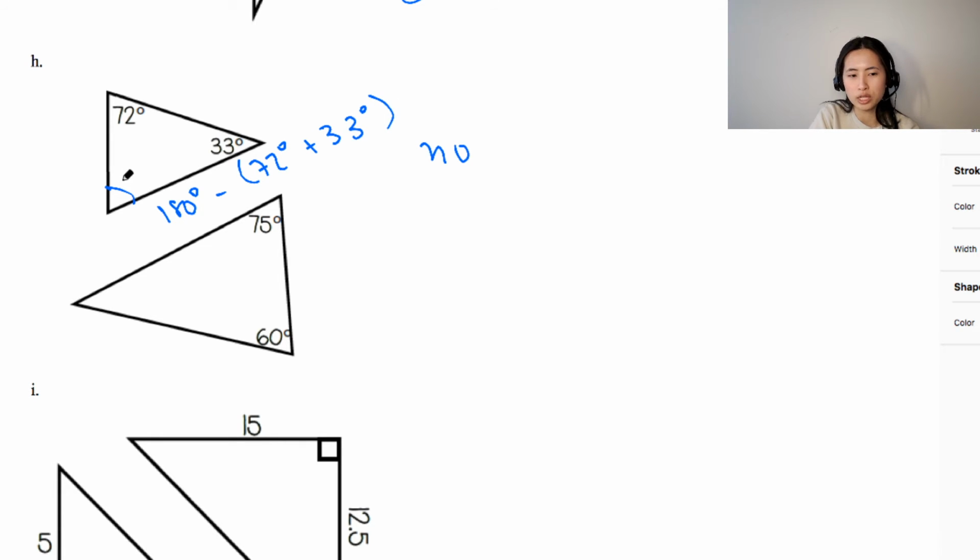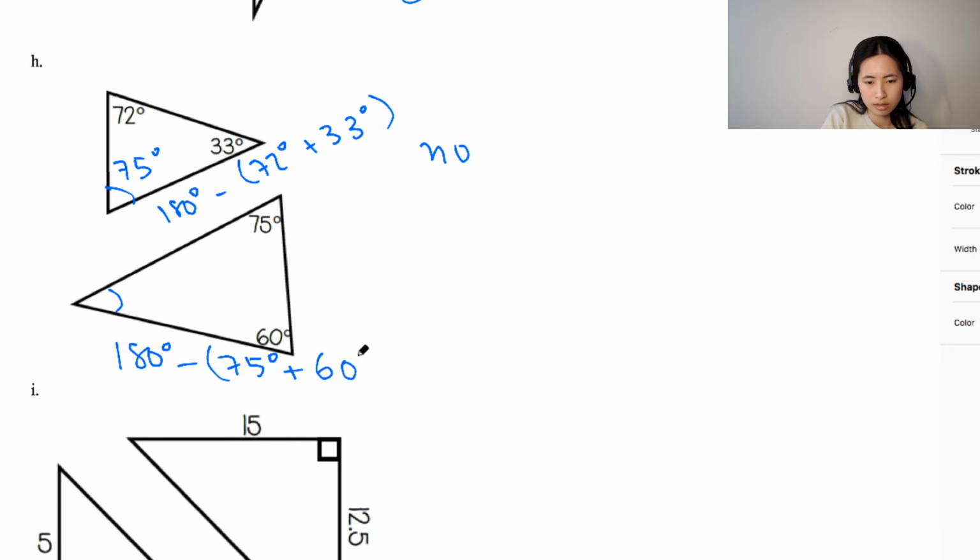So 180 minus 72 plus 33, that means you're going to get 75. Okay, so yeah, it is 75, but what about this one? For this, you would take 180 degrees minus 75 plus 60, which is equal to 45 degrees.